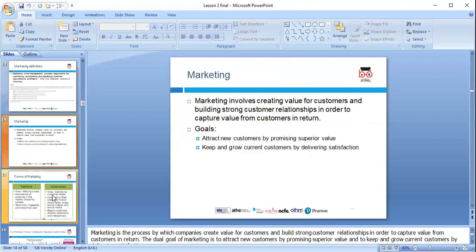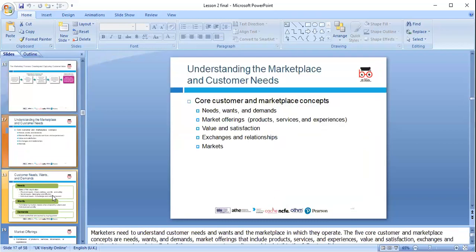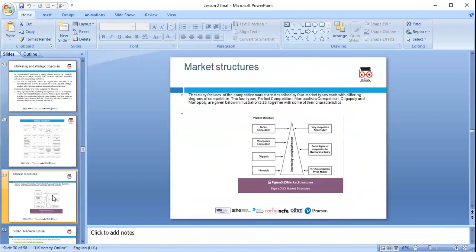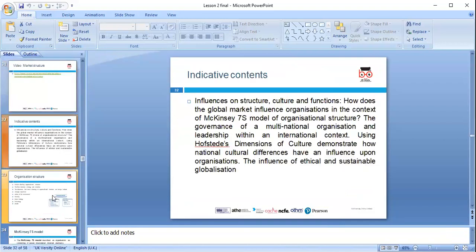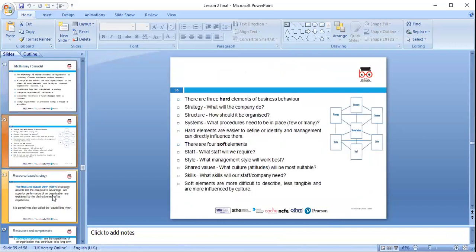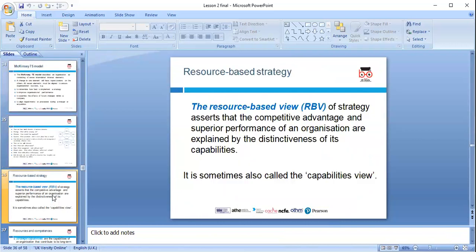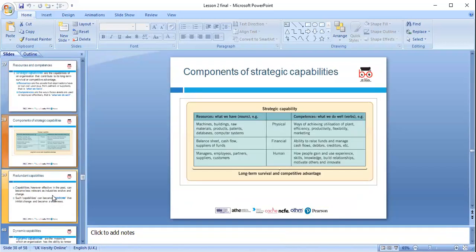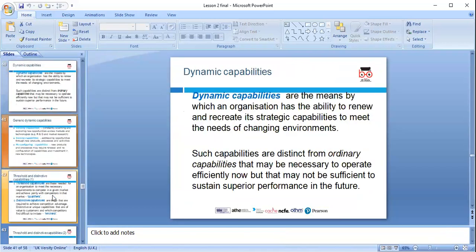Then we discussed marketing, the function of marketing within organizations, and relationships. We discussed the McKinsey 7S approach and the resource-based view model, which we can use in the business environment as well as in other subject areas.